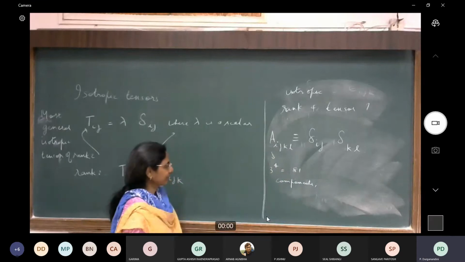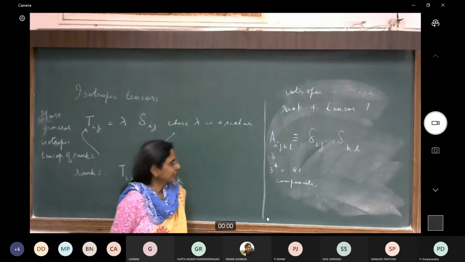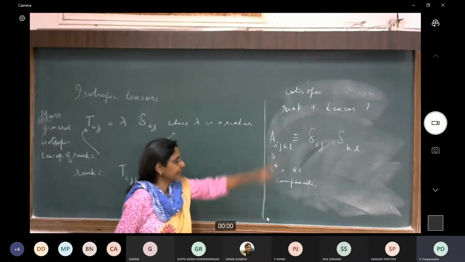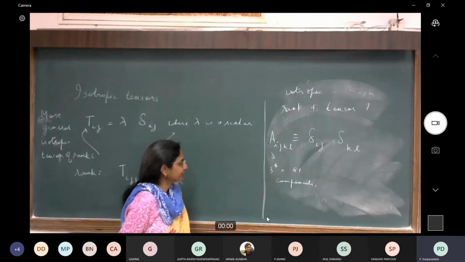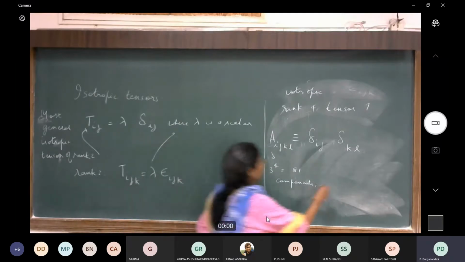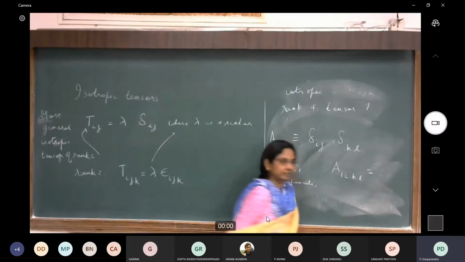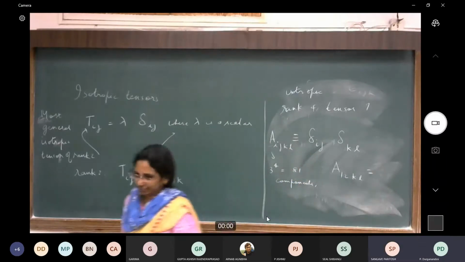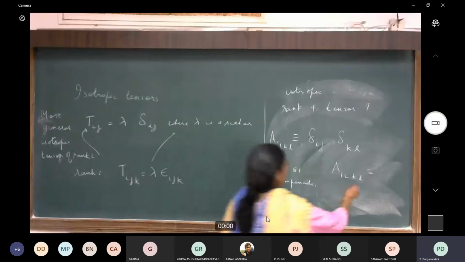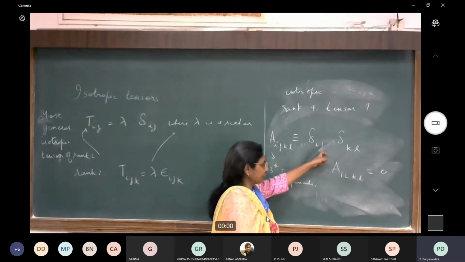At least some of them you can tell. I have defined it like this, so what will be the values of this? Suppose I have A 1 2 k l. Can you tell me what the answer should be? It should be 0, obviously, because by definition the right hand side is going to be 0 unless i equals j.